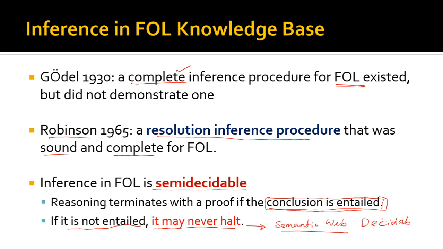You want your agent to come up with an answer within a finite amount of time, and if it cannot give you an answer, it will say that it cannot find an answer. So we need to check what kind of logic family we can use for reasoning in the semantic web which is decidable.